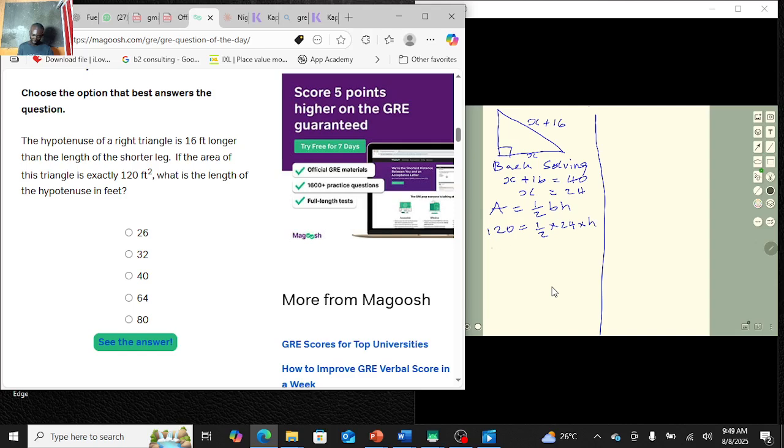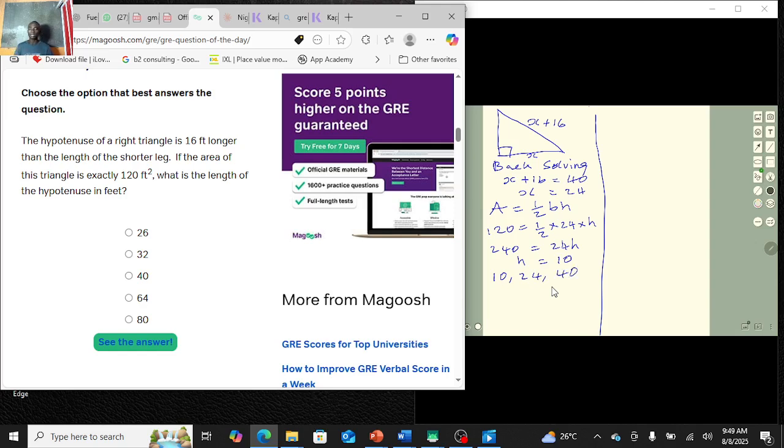If we cross multiply, we get 240 equals 24h. 240 divided by 24 is 10. So h is 10. Now we have 10, 24, and 40.